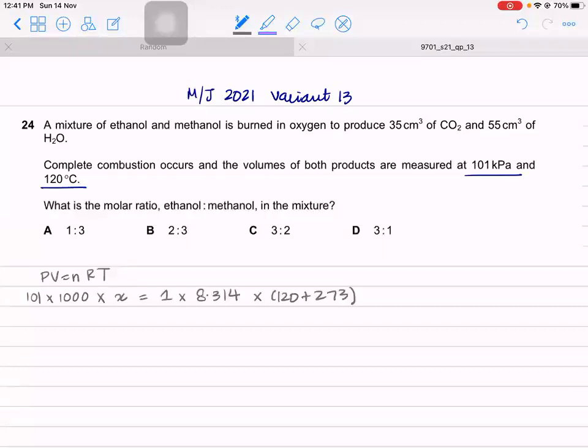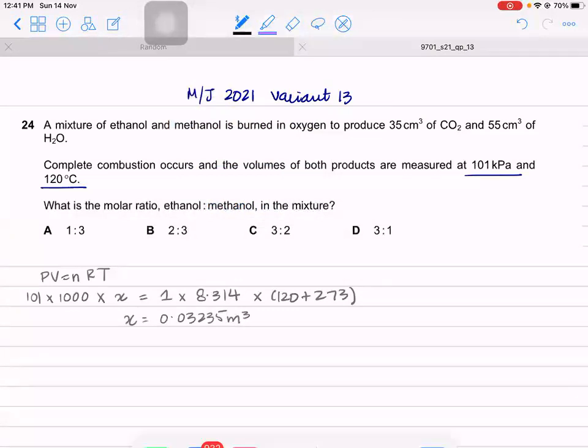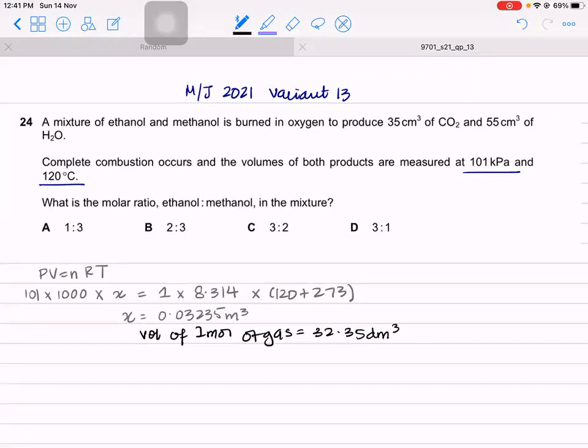That gives the value of V, which comes out to be 0.03235, in meters cubed. Let's convert it to dm³. So the volume of 1 mole of gas under these conditions is 32.35 dm³.